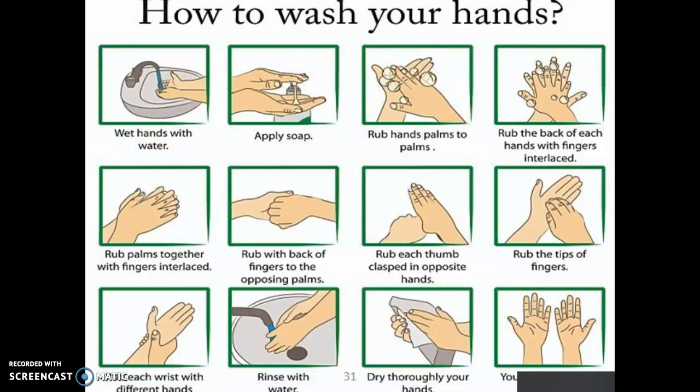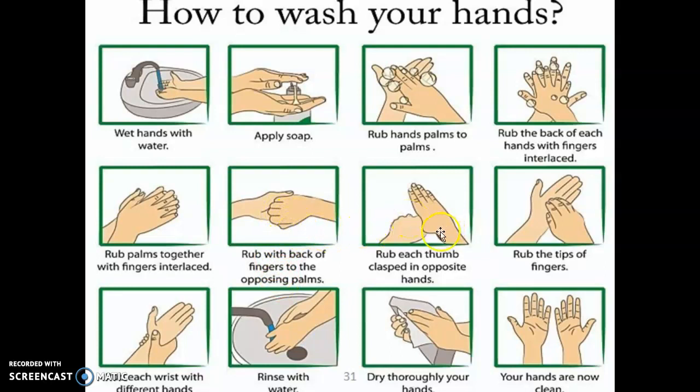First, wet hands with water. Apply soap. Rub hand palms to palms. Rub the back of each hand with fingers interlaced. Rub palms together with fingers interlaced. Rub the back of fingers to the opposing palms.